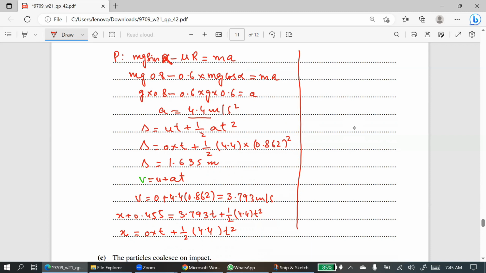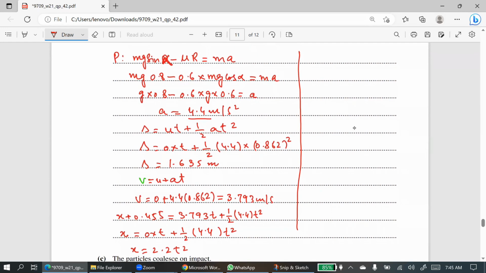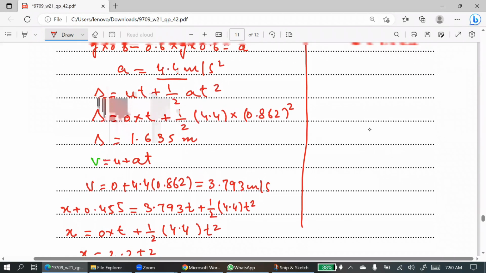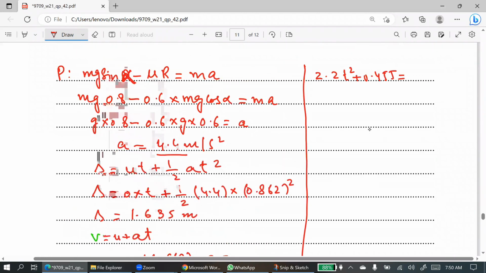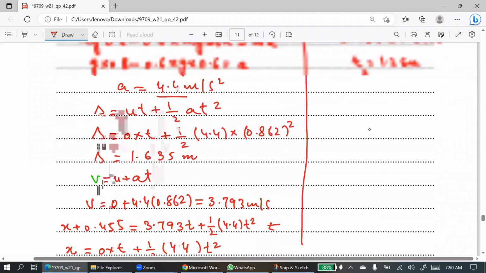We will put the value of x from the second equation into the first one, and x is equal to 2.22 t square. So x plus 0.455 is equal to 3.793 t plus 2.2 t square.